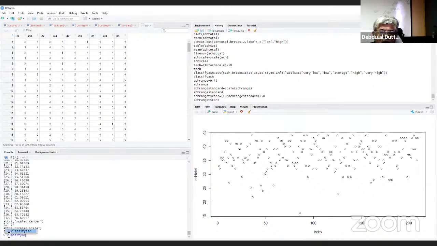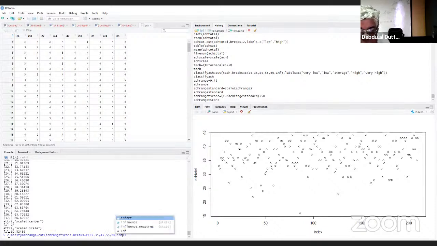Classify range equal to classify breaks equal to C, bracket with it.